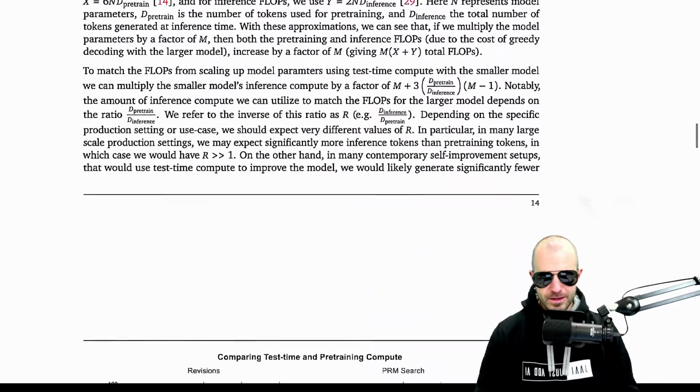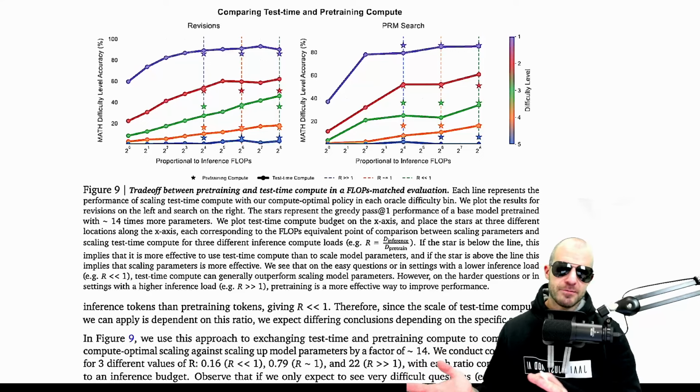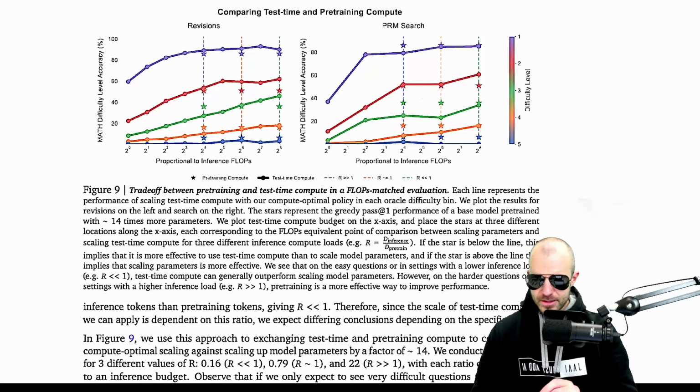So they say the experiments that we're doing right here are all dependent on that ratio. How often do you expect to use it after you've trained it?